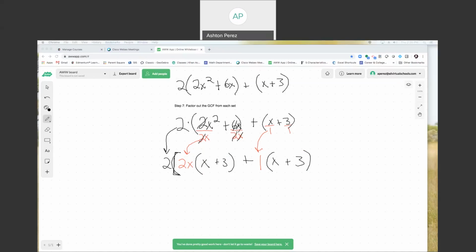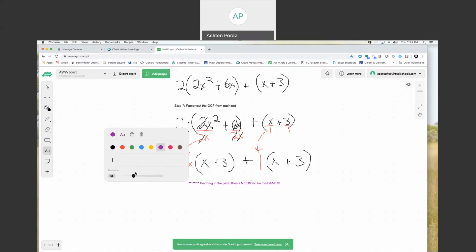Okay, now I'm going to make a huge note right here. When you reach step 7, this is a really crucial point in the process, and I'm going to put big stars here. Okay, and I'm going to change this maybe to purple, and make it bigger. There we go. Okay, and so at this point, the things in the parentheses have to be the same.